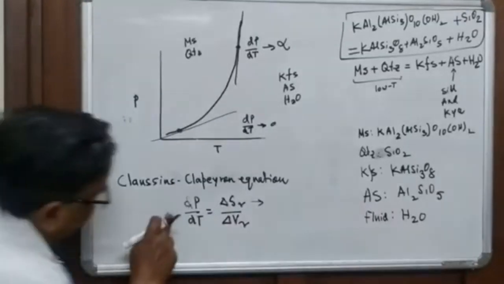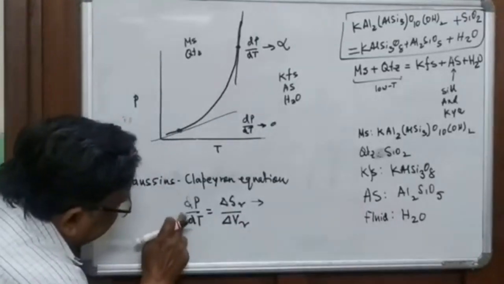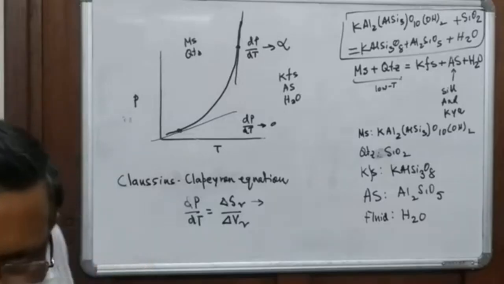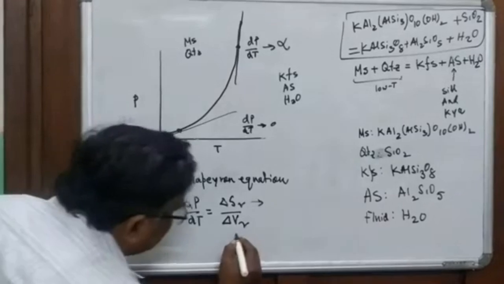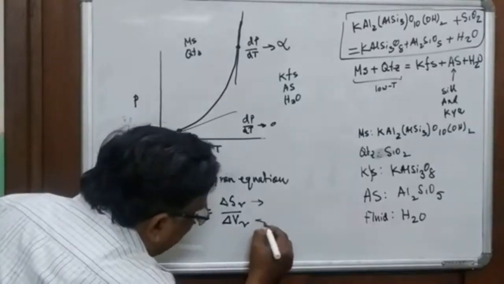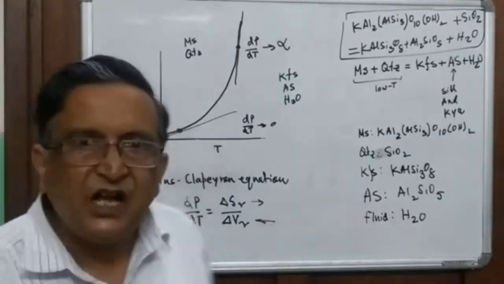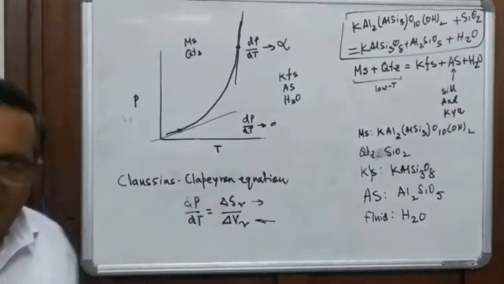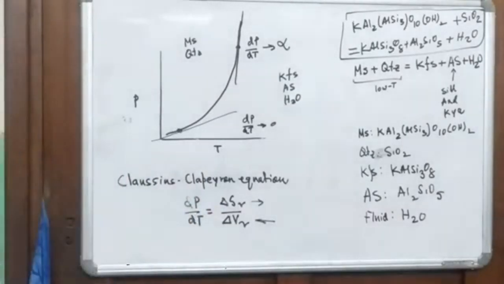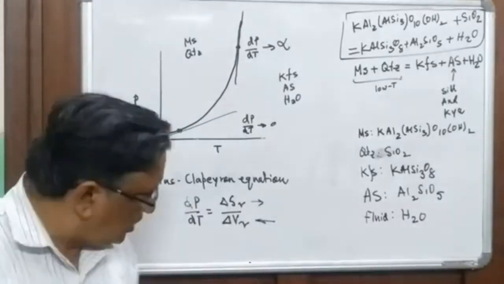Now, if dP/dT tends to 0, that means delta VR should be very large compared to delta SR. Have you understood?